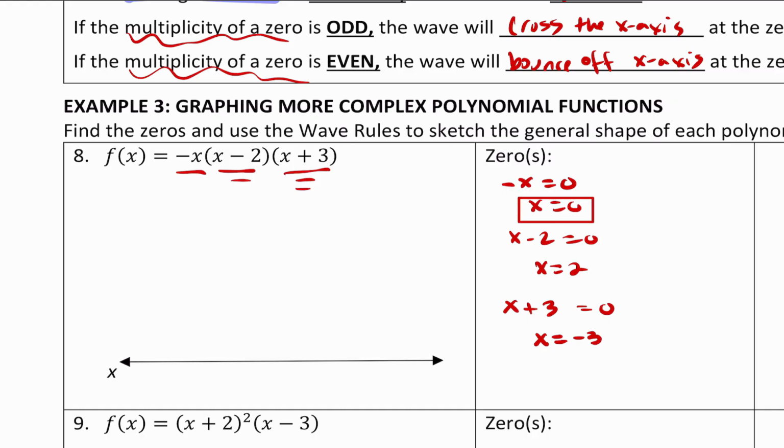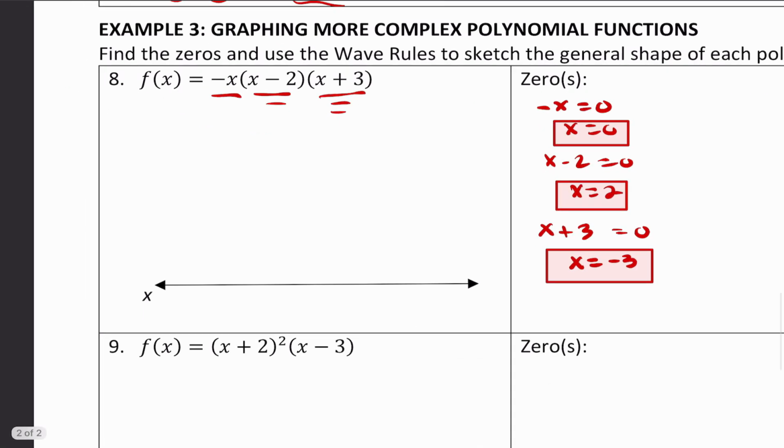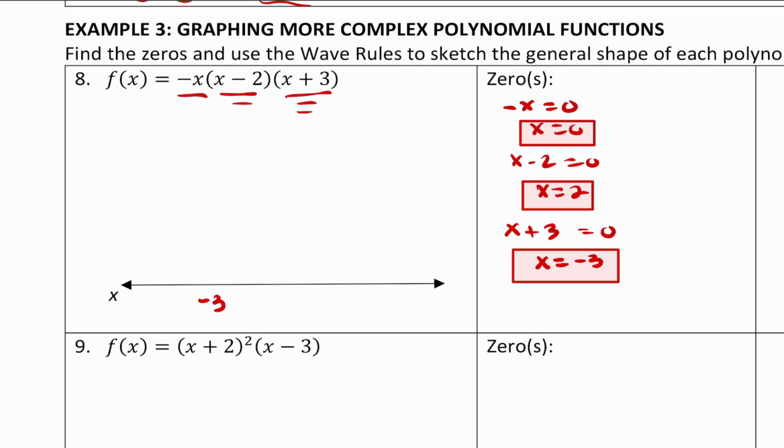So here are my x-intercepts, which I can put on the x-axis. Remember, when we're putting stuff on the x-axis, we need to make sure they go from least to greatest. So I'm starting off at -3, then 0, then 2.